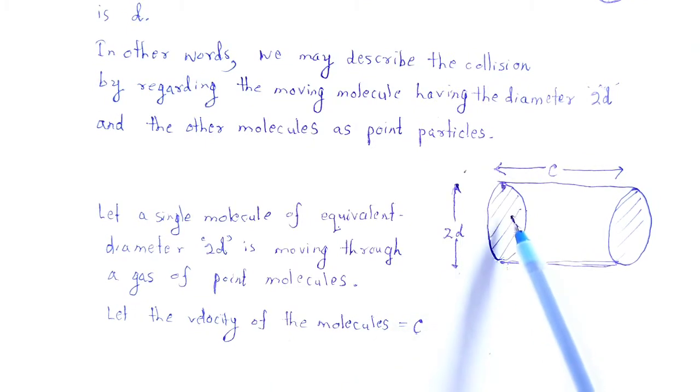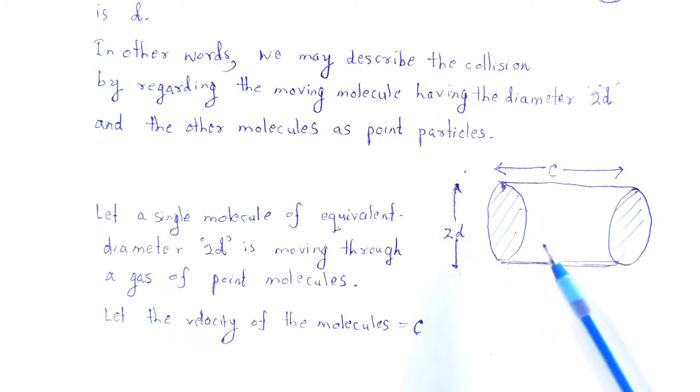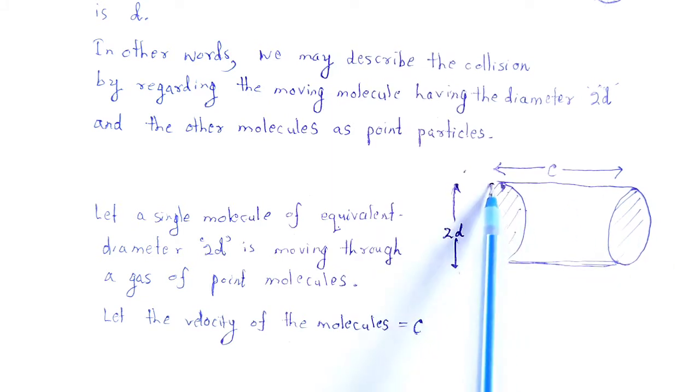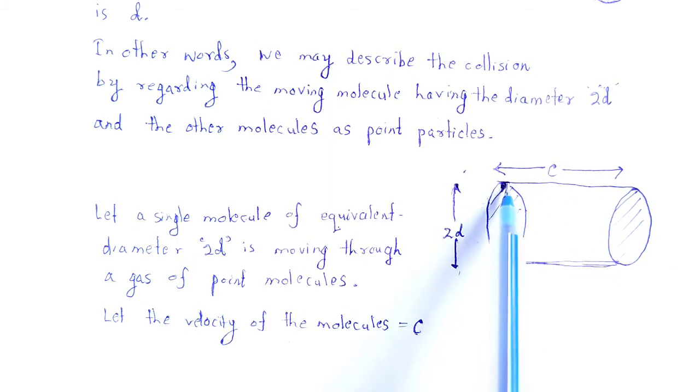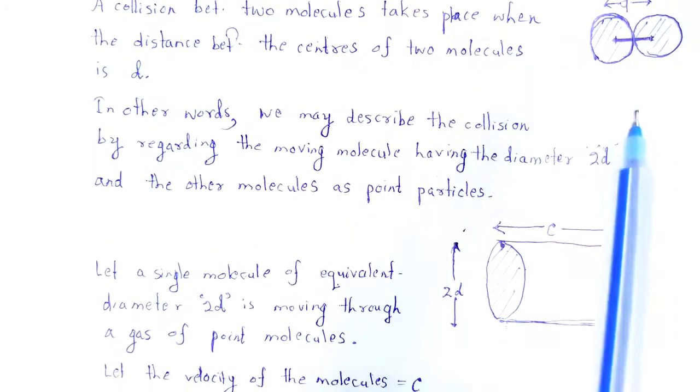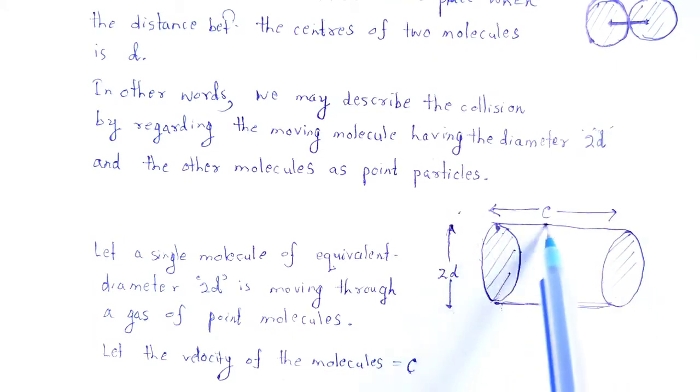This molecule will collide with all other molecules in 1 second whose centers lie within that cylinder of radius d. Did you take the cylinder of radius d and the length c?